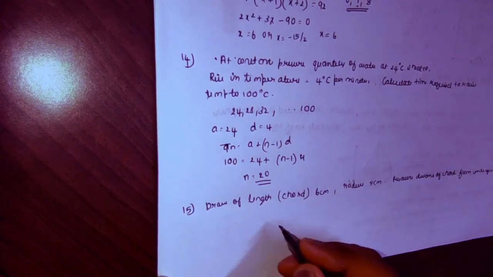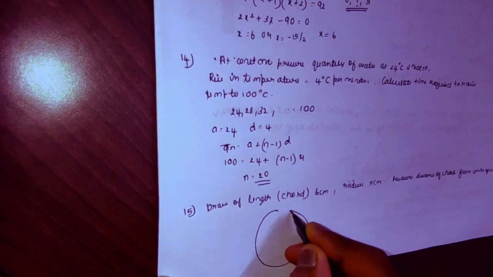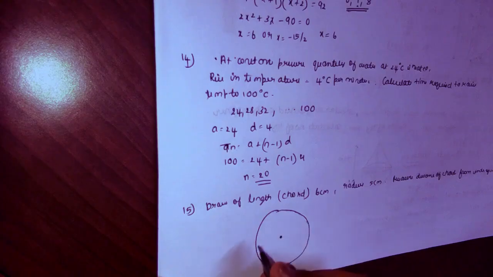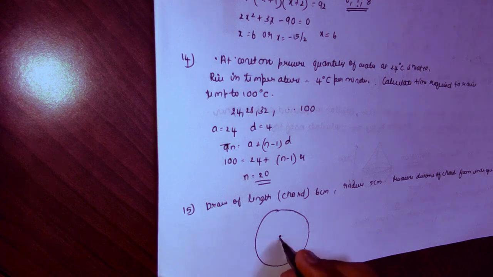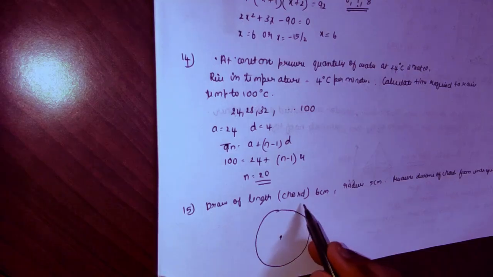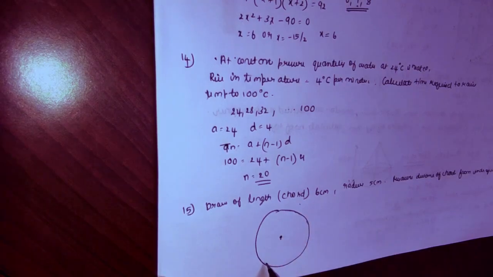First, initially, what you have to do is draw a circle by considering the radius as 5 centimeter, using a compass. Then from the center you have to take 2 points in such a way that the chord length is 6 centimeter. Draw a straight line of 6 centimeter here and draw an arc.